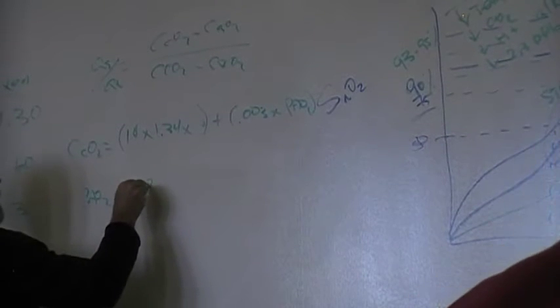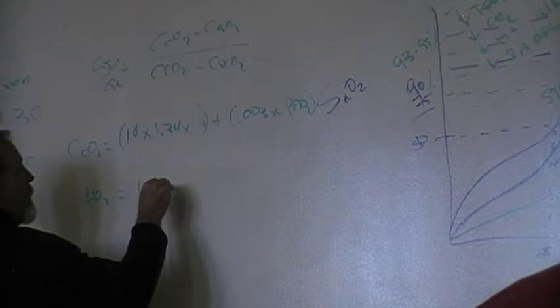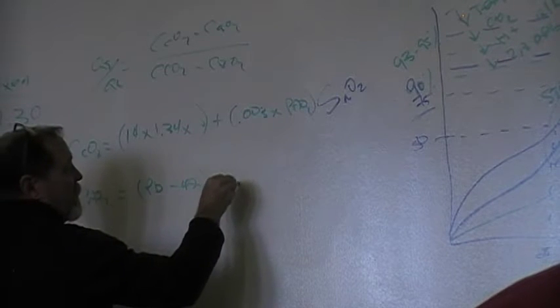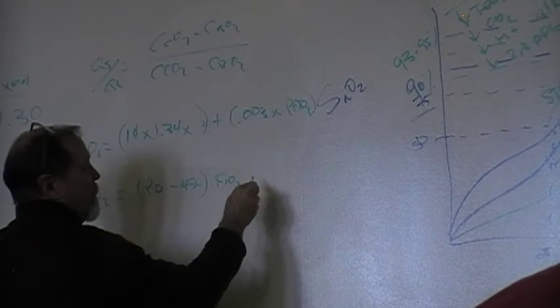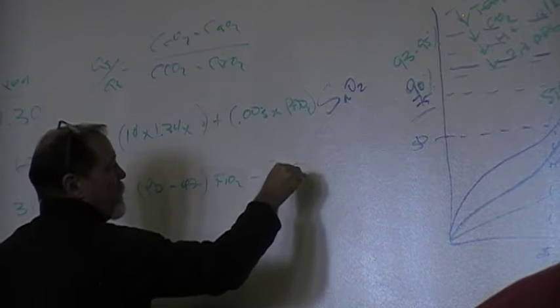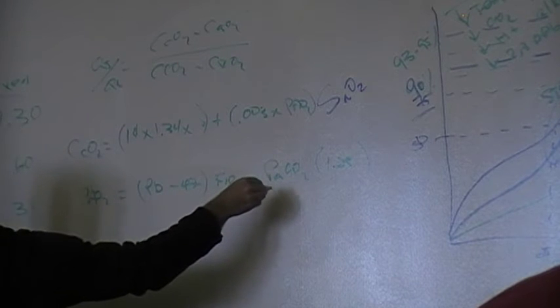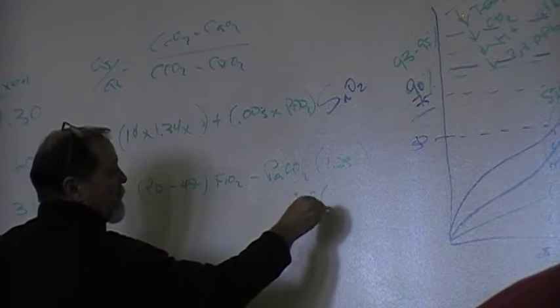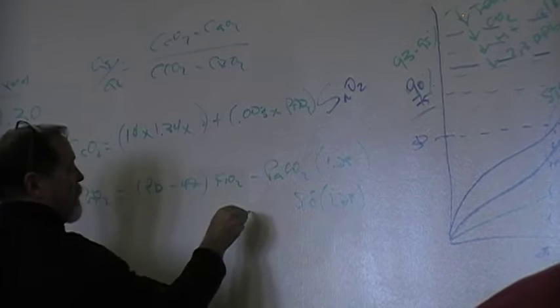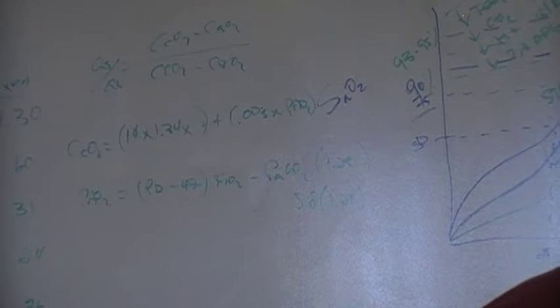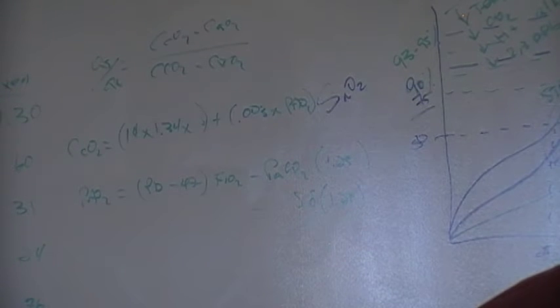The PAO2 is equal to the barometric pressure, PB minus 47, times the FiO2, minus the PaCO2 times 1.25. CO2 is 58 times 1.25. And the FiO2 up here, let's say, is 80%.